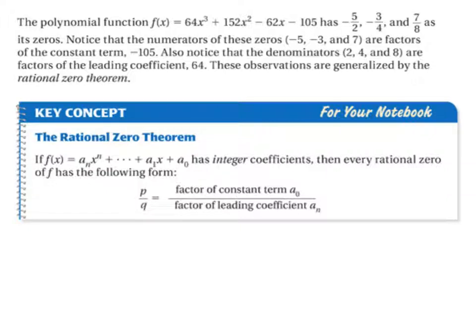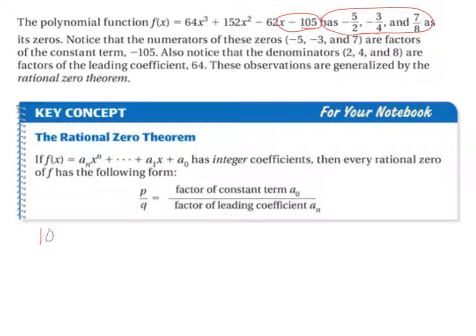So when we look at this problem, these are the zeros. There's no way I can do that by factoring. They're too hard. Notice that the numerators of these zeros, negative 5, negative 3, and 7, are factors of the constant term.